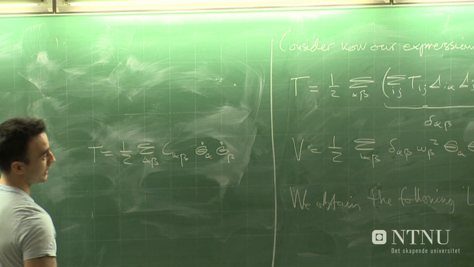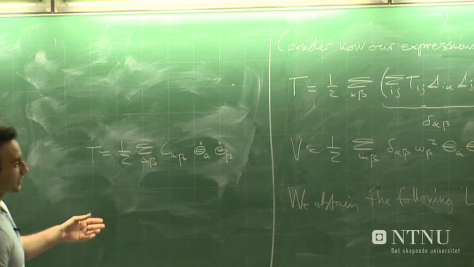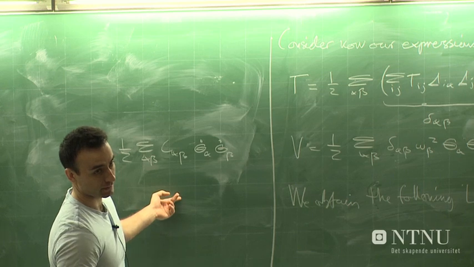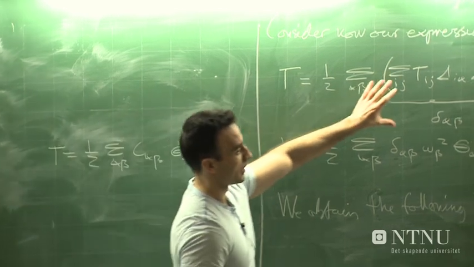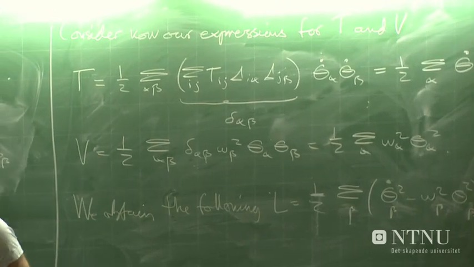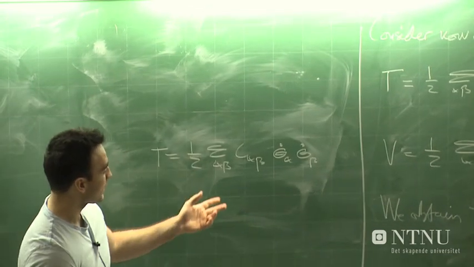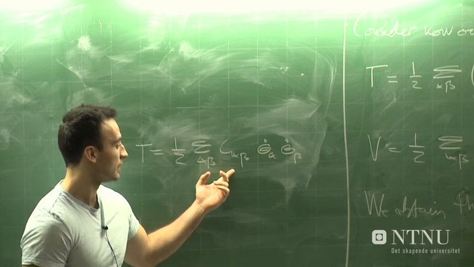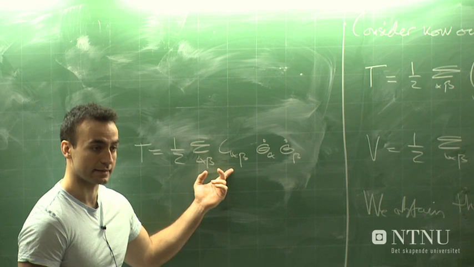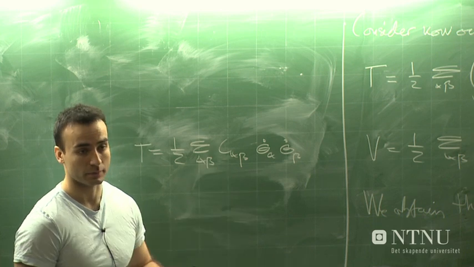So we get something like this for the kinetic energy, and similarly for the potential energy, where C alpha beta is now this. So the only problem with this is that we still have coupled equations at this point, because we don't know that C alpha beta is 0 for all values except alpha equal to beta.